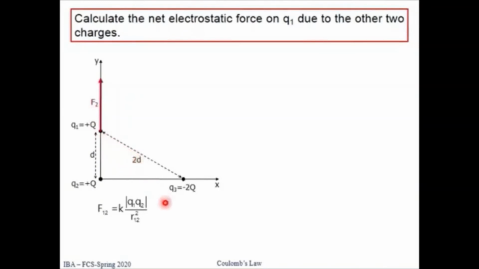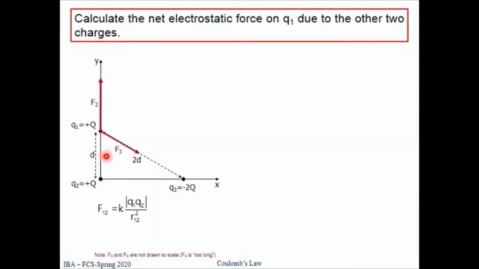And here, this is a plus charge and Q3 is a minus 2Q. Then the force from Q3 on Q1 would be an attractive force, and the direction of the force is towards each other when we have opposite charges.